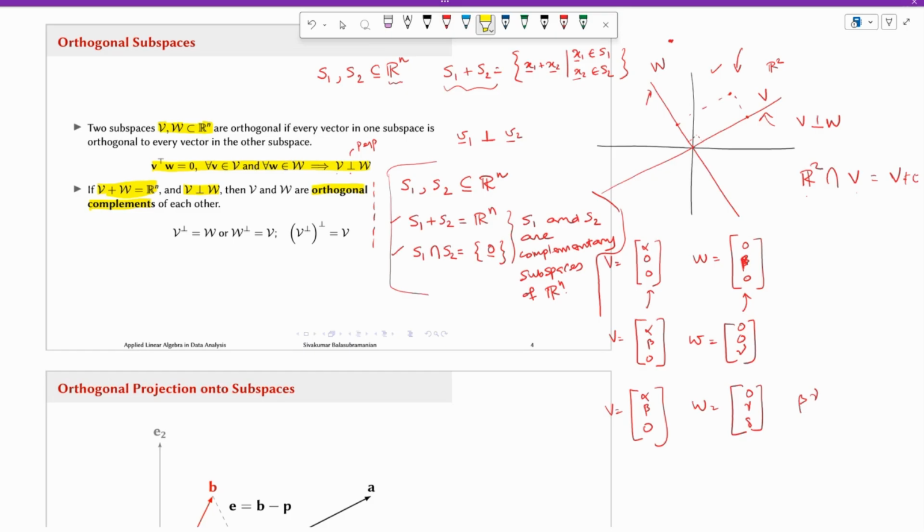Now, whenever you have orthogonal complements, we often write them like this. Whenever you see something like V superscript perp equals W, that simply means V and W are orthogonal complements of some parent vector space.